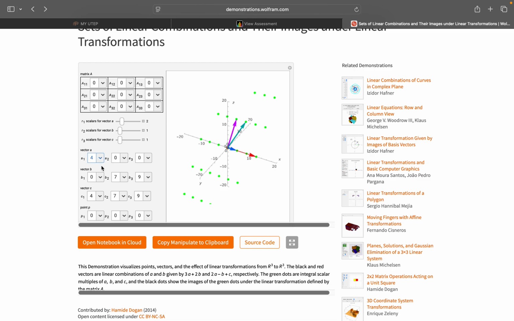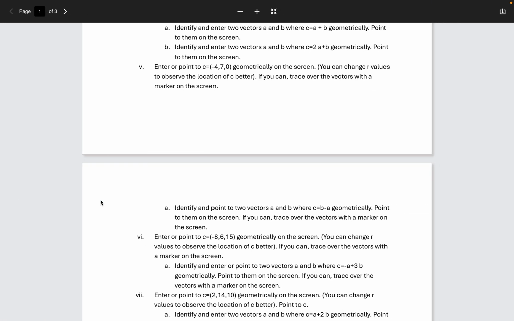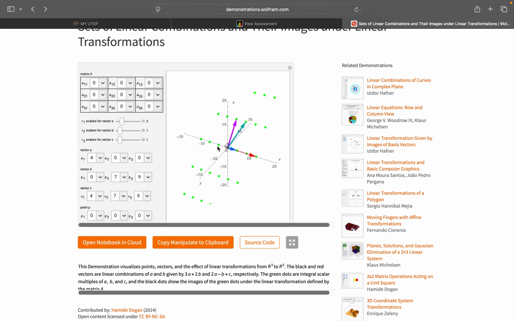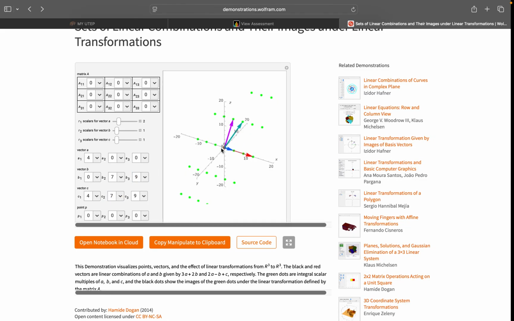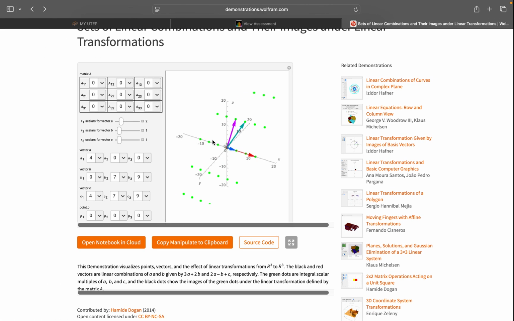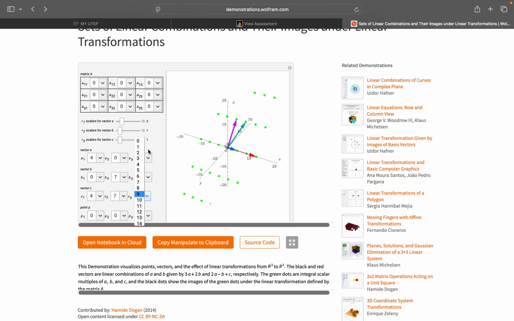I can't set it to -4, but with the scalars, which is 1, it also shows us like here now. So we can see that -4, 7, and 0. This one would be 0, 0. So this is our C value.